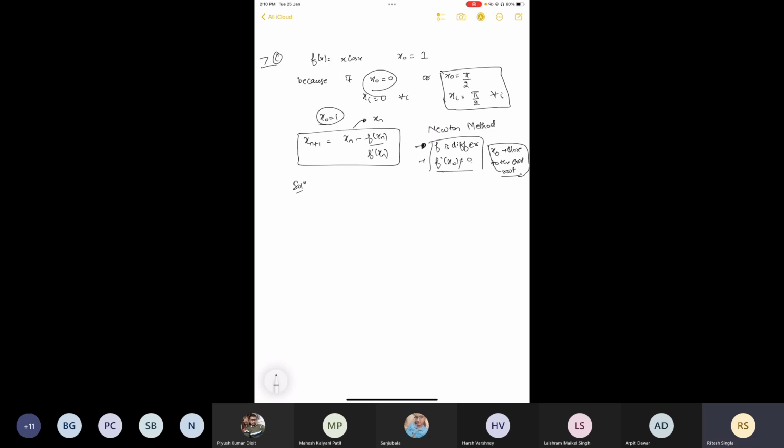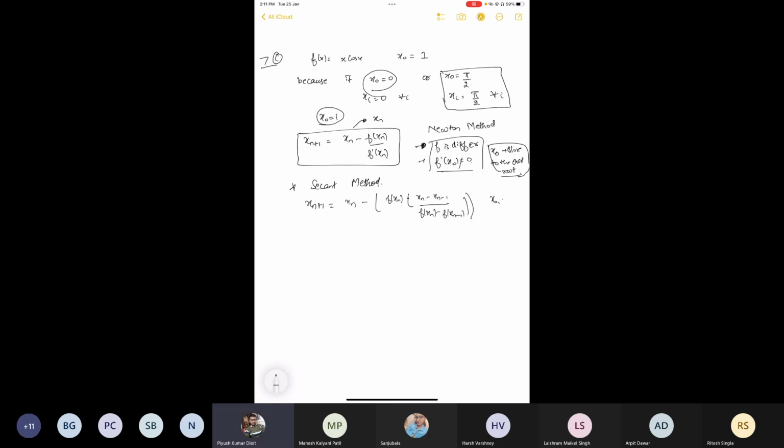Along with Newton's method, you must have studied secant method also, right? So for the secant method, what is the formula? x n minus f(x n) into (x n minus x n minus 1), divided by f(x n) minus f(x n minus 1), where x naught and x1 are given.